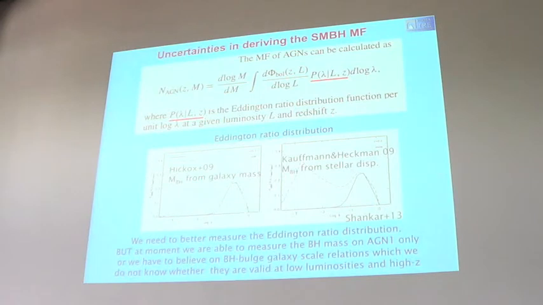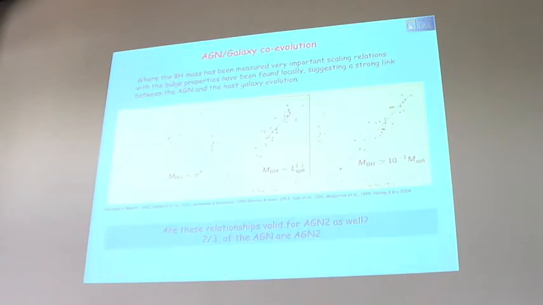At the moment, either you see the broad line region and you restrict it to type 1 AGNs, or you use the relationship between the bulge and the black hole, but you don't know if this is valid for type 2 AGNs and if it is valid at high redshifts. And you see how different the results are using galaxy mass or stellar dispersion. These are two different results. So there are very large uncertainties, not on the luminosity function of the AGNs, but on deriving the mass function of AGNs. This is the problem now, I think.